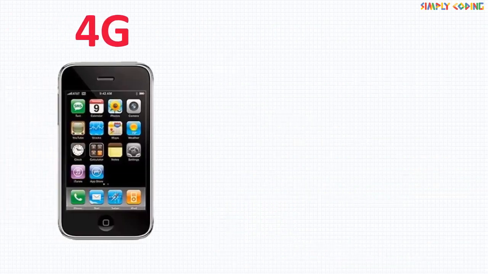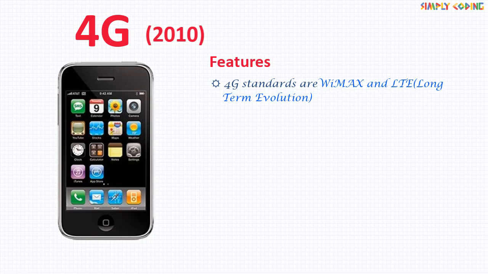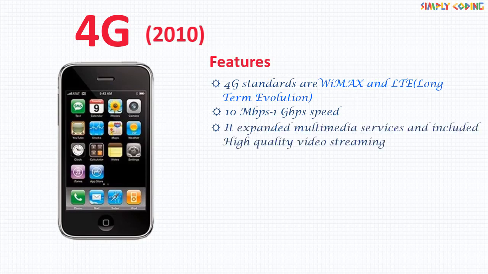Next comes 4G, which was introduced in 2010. The most important 4G standards are WiMAX and LTE, which is long-term evolution. It was capable of providing 10 Mbps to 1 Gbps speed. It expanded multimedia services and included high-quality video streaming.